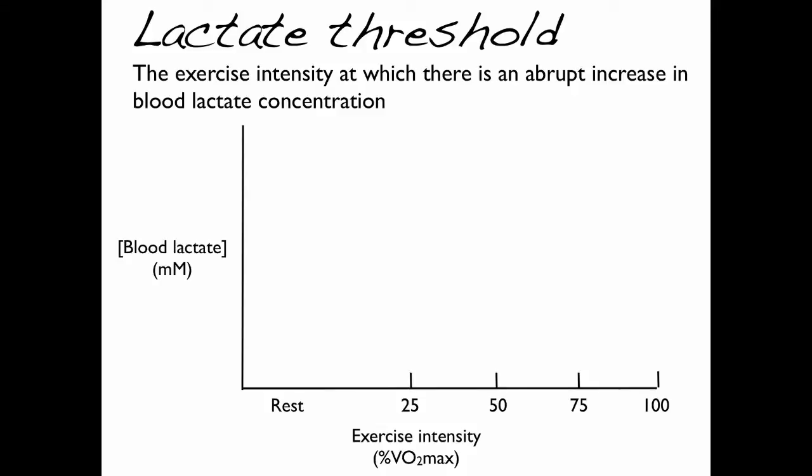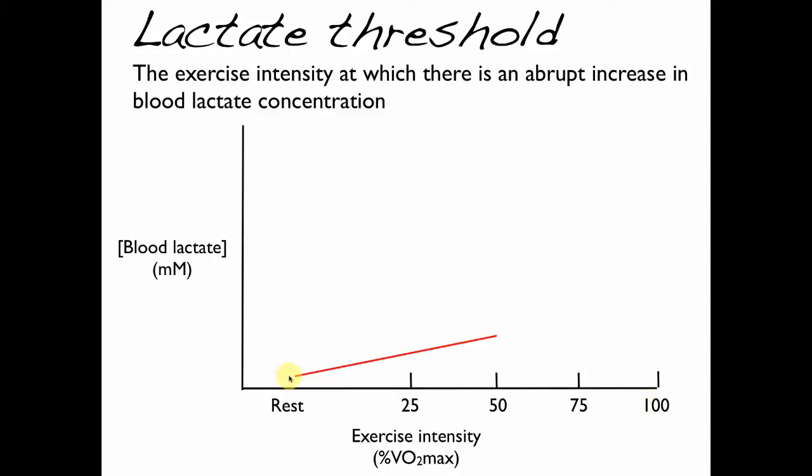Here you can see on the y-axis, we've got the variable blood lactate, and it's measured in millimoles. On the x-axis, I've plotted exercise intensity, and here I've displayed it as percent of VO2 max. And you can see we've got resting, 25, 50, 75, and 100% of VO2 max.